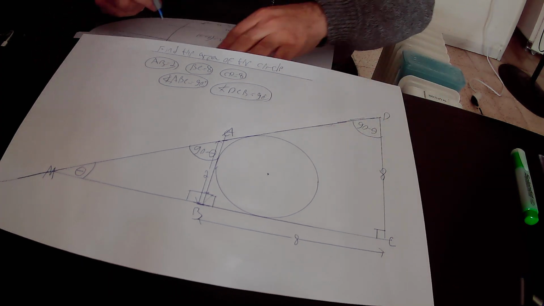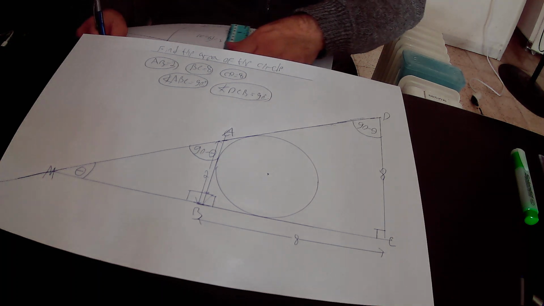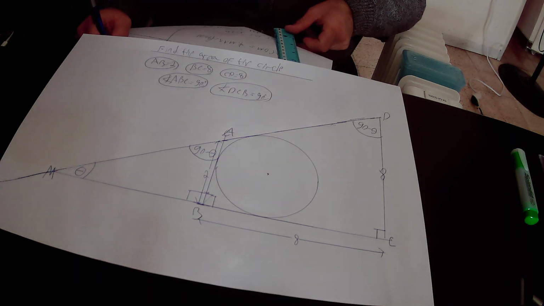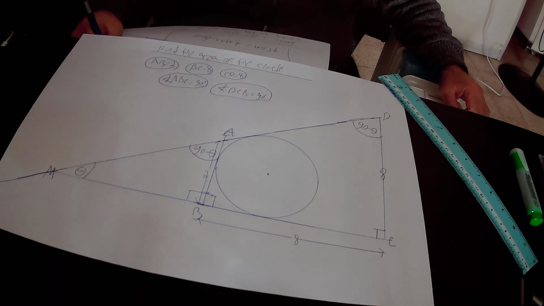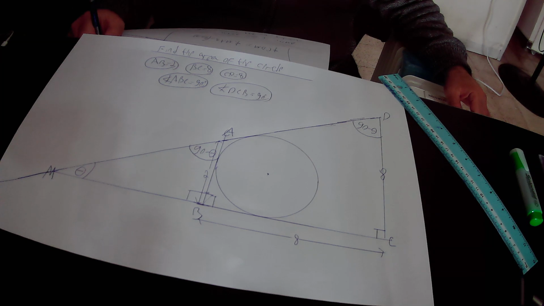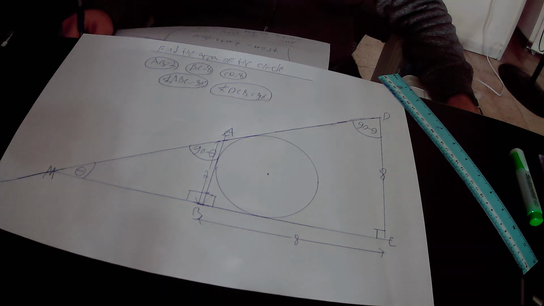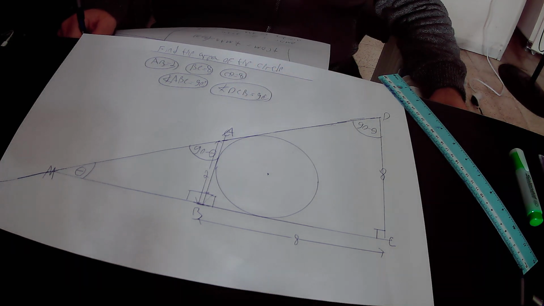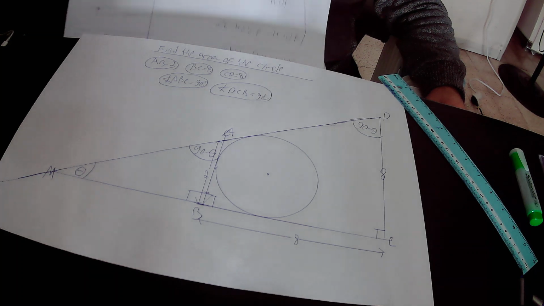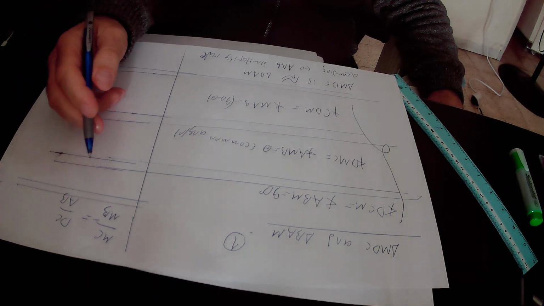MC in the big triangle over MB in the small triangle is equal to DC in the big triangle over AB in the small triangle. Repeat again: MC over MB equals DC over AB.